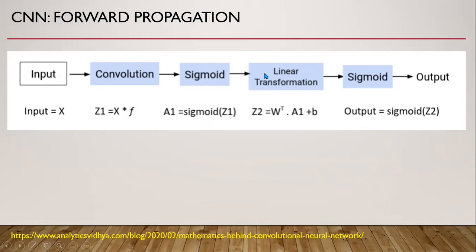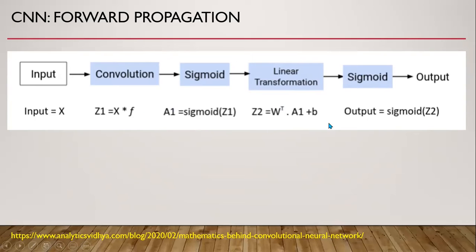Then there is this part of the fully connected neural network where there is a linear transformation, as in a usual neural network, followed by the activation function, which may be sigmoid. Then there is the output. This part of the usual type of neural network I have covered in my previous video. The link is shown above.